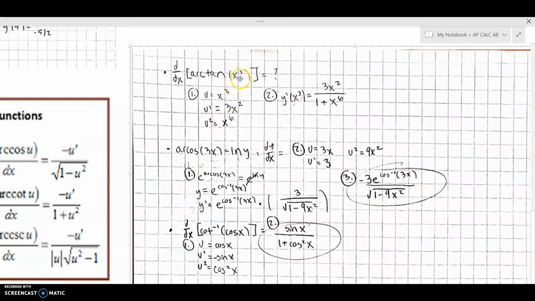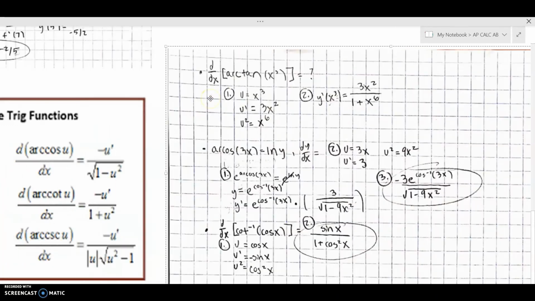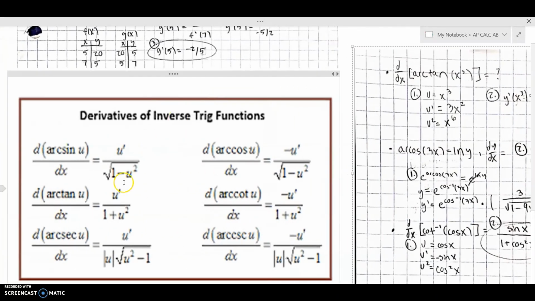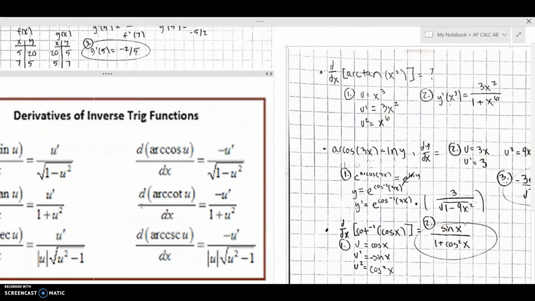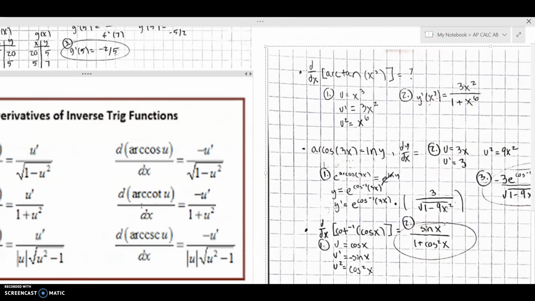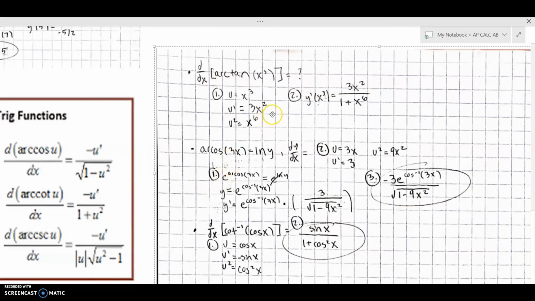It's not x to the 5th. You're not adding because this is raised to a power. You'd actually be multiplying the exponents, so it would be x to the 6th. And the reason why I want you to identify these three is because we're going to be using u, the derivative of u, and u squared in order to find the derivative of the inverse trig function, right? Okay, so all you have to do right here is plug in.